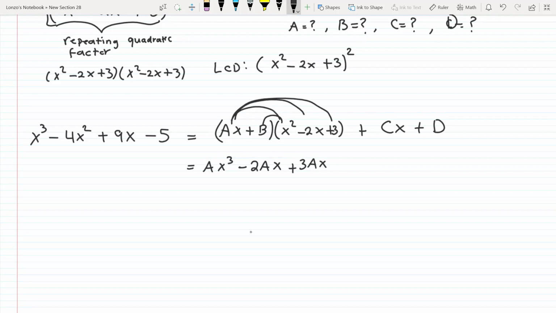B times x, that's bx squared. B times negative 2x, that's negative 2bx. B times 3 is 3b. And then over here, you just bring it down. And then on the left, just bring it down.